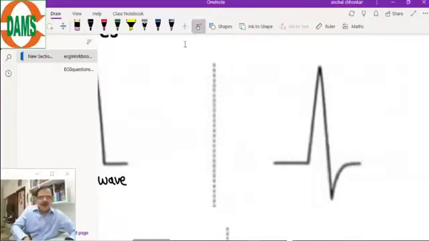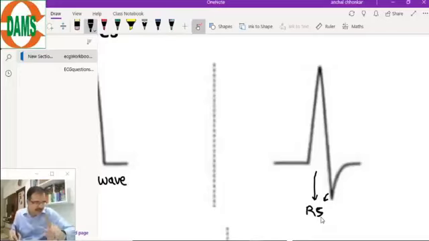So next one: always identify the first positive wave and it is an R wave. There is no negative before R, no Q, but after the R there is a negative wave, and this is known as small s. Yes, capital R, small s. Be very precise. Capital R, small s, because the S wave appears relatively small.